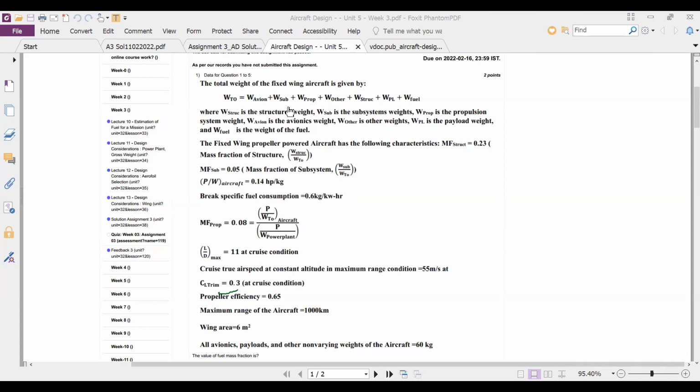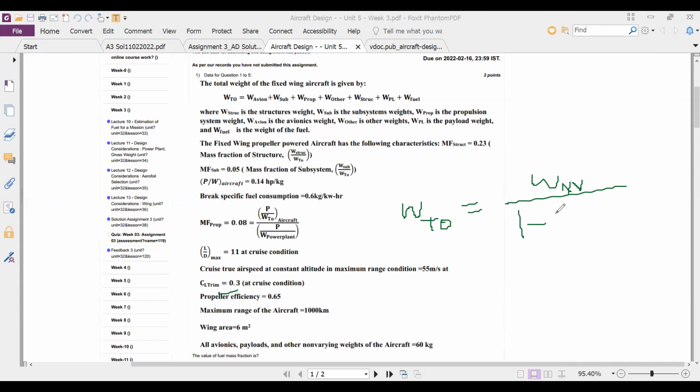All right. So using the W takeoff formula, W takeoff is equal to the avionics and other weights divided by 1 minus mass fraction of the rest. Yeah, exactly. So everybody, I think you were introduced to this expression in some of the lectures. W takeoff is equal to the summation of all non-varying masses, I'll just call it NB, divided by 1 minus mass fractions of all the things that were there.